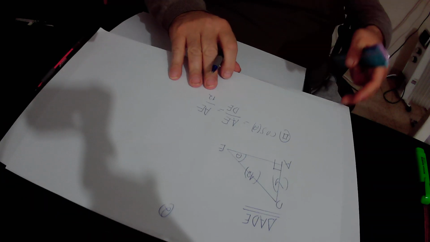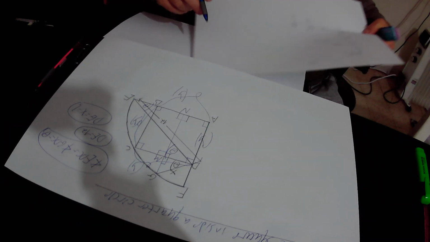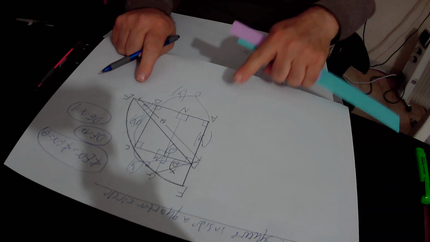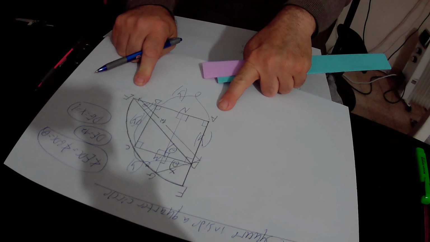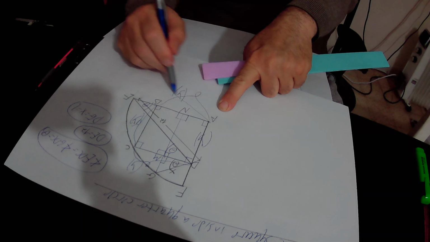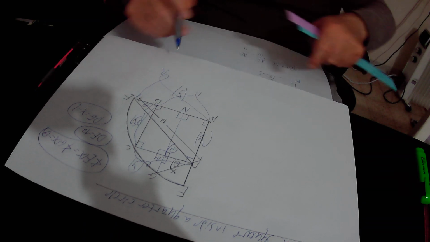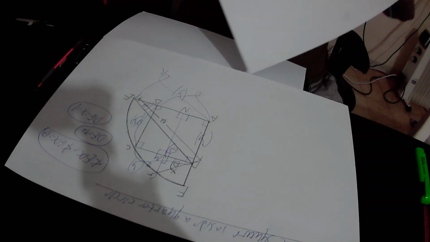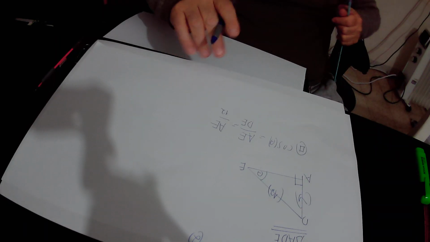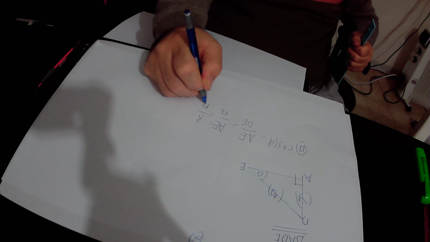Actually, AE is the radius of this quarter circle. We define the radius of the quarter circle as capital R, therefore AE equals capital R. So cosine theta equals AE, that is capital R according to our definition, over 12.